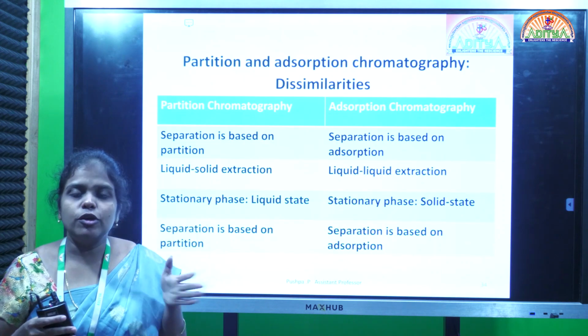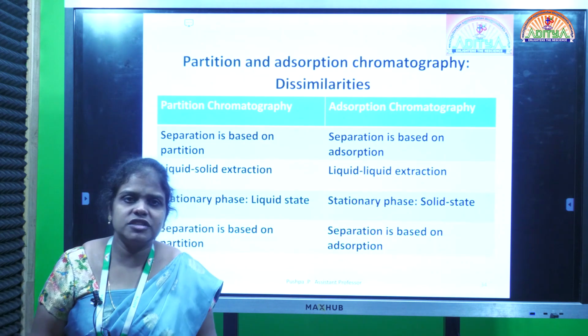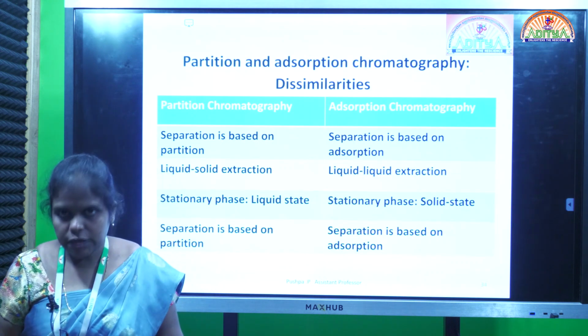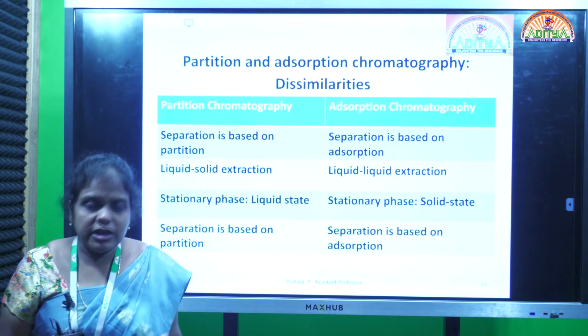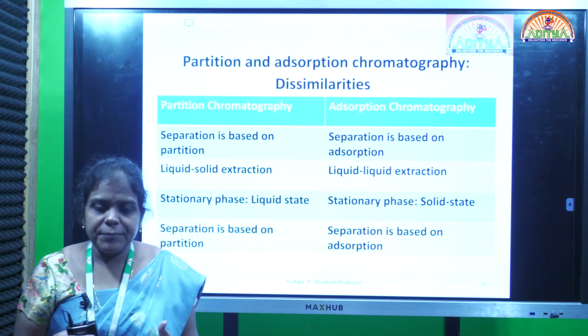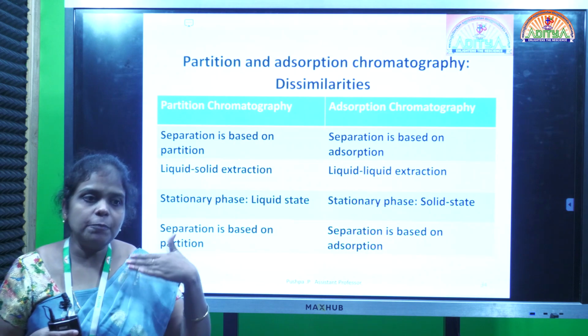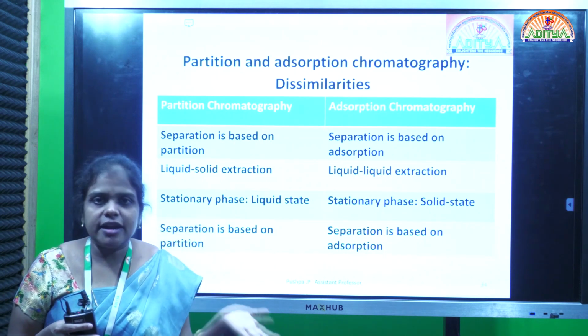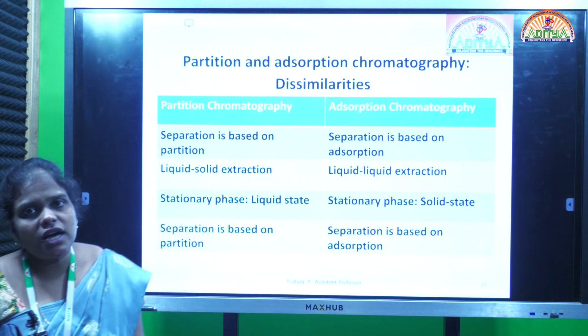Partition means you already know what is meant by partition coefficient. Normally, the general definition of partition coefficient is how much sample is partitioned in the lipid phase and how much sample is partitioned in the water phase.